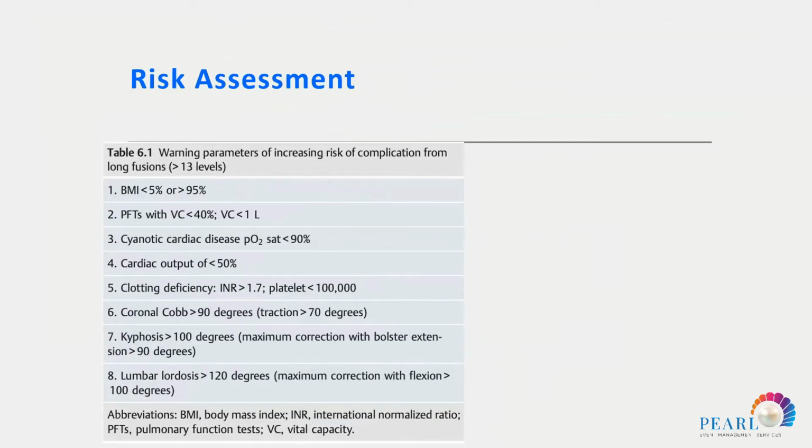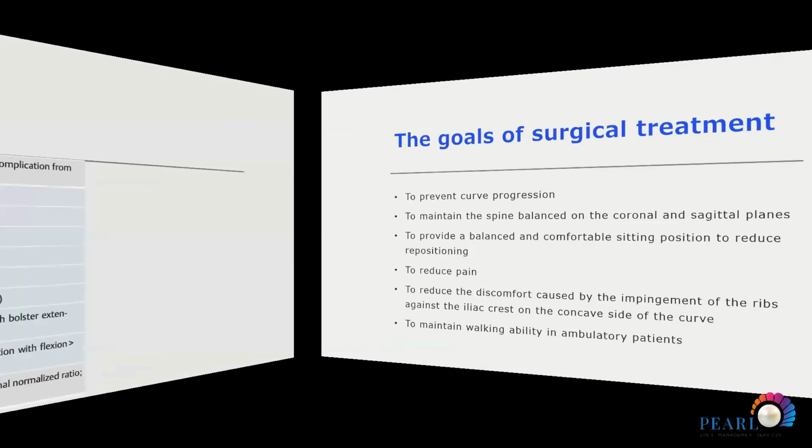treatment. Risk assessment: there are a lot of things we have to take care of before the surgery. If the patient reaches these points, we know that the risk will be high and we have to consider it, and we have to explain it very clearly to the families and to our staff also.